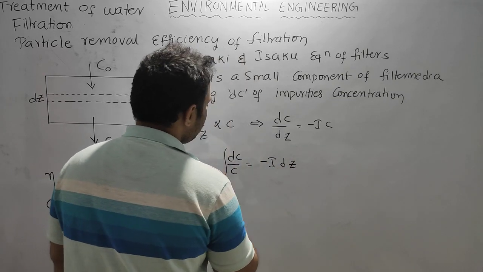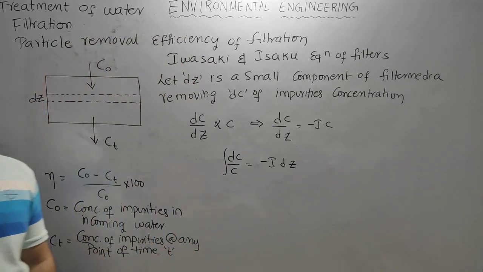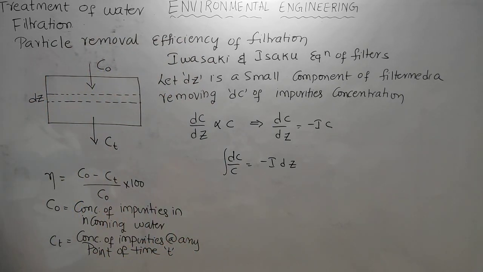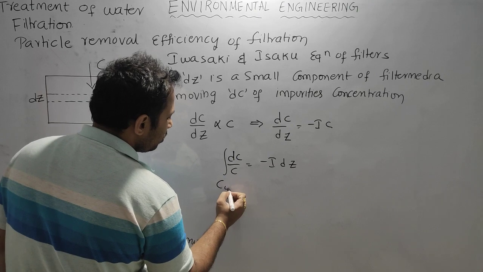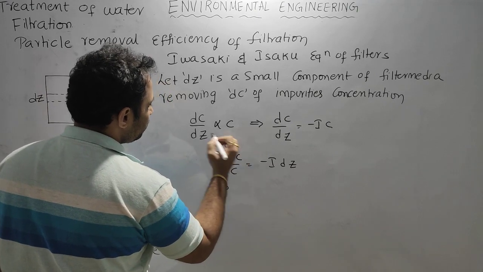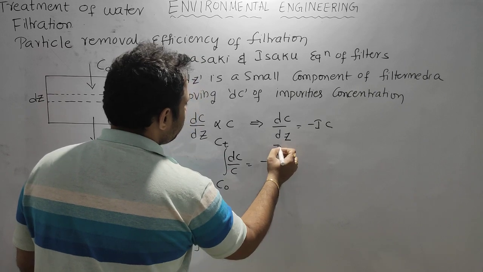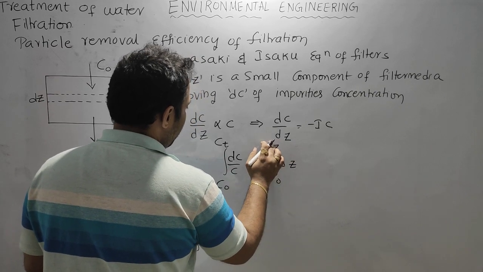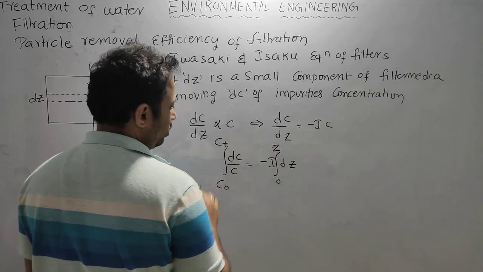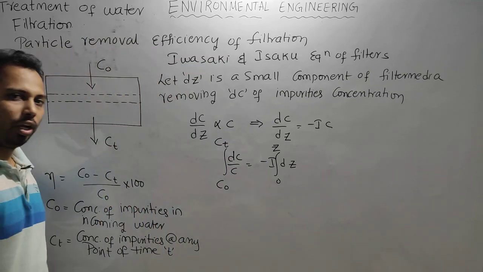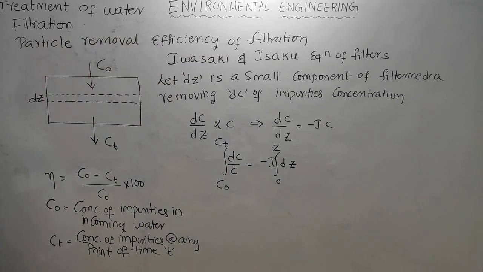Initially it is C naught, and after some time it is Ct, and the depth is 0 to z. For the whole depth I am finding the removal of impurity.